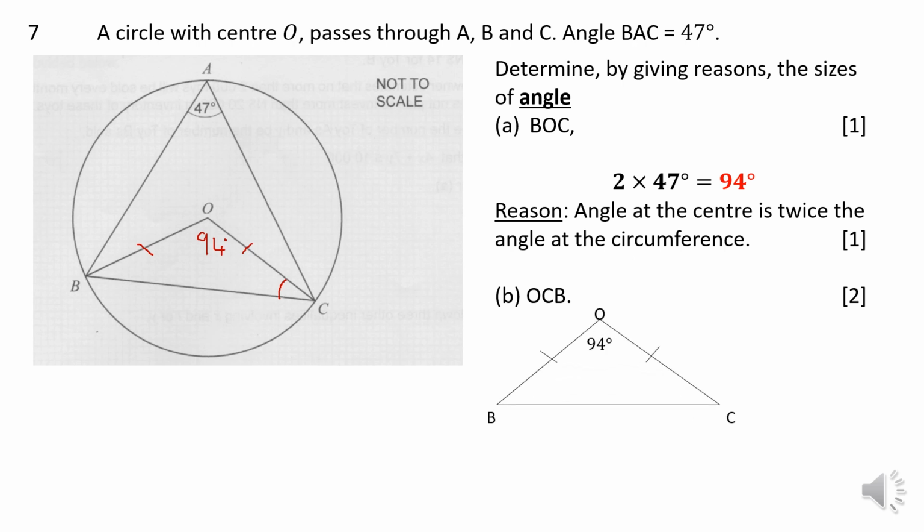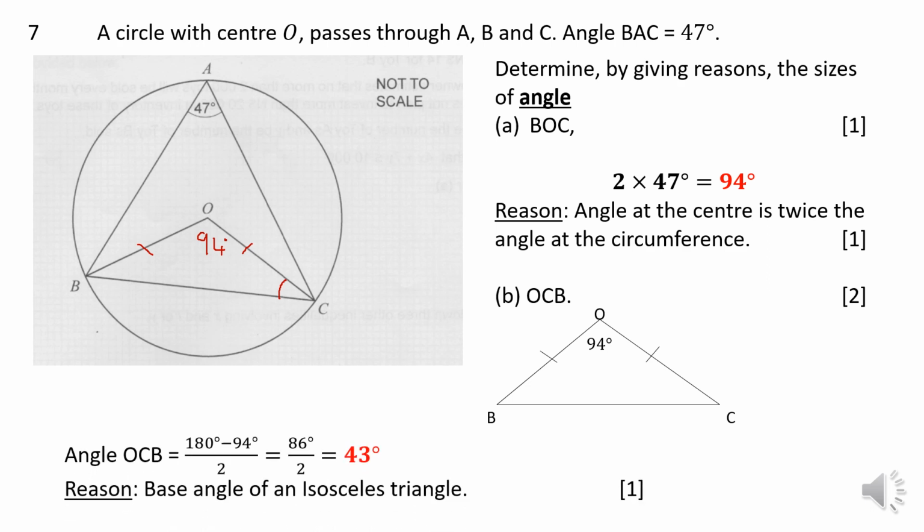So I took that part out, 94 degrees, and we can see that these two angles are equal, and since they are equal, then the sum of everything is 180. So if I subtract 94 from 180 as indicated, then we find that that angle is 43 degrees. And you can give a very short reason just by saying base angles of an isosceles triangle are equal, for 1 mark there.